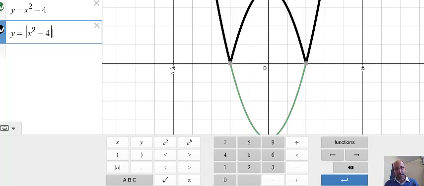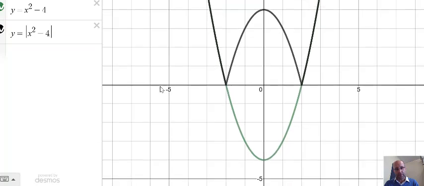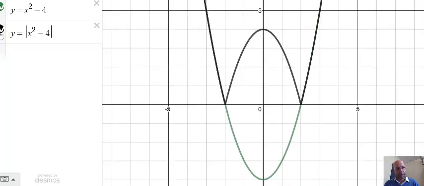Hopefully you can see what goes on. The bits that have the f of x or the y value in the negatives are reflected back up to the positive. So it behaves like the original function for all values such that f of x is positive, or y is positive, but once it's negative they're reflected up. So those negative values are reflected in the x-axis.